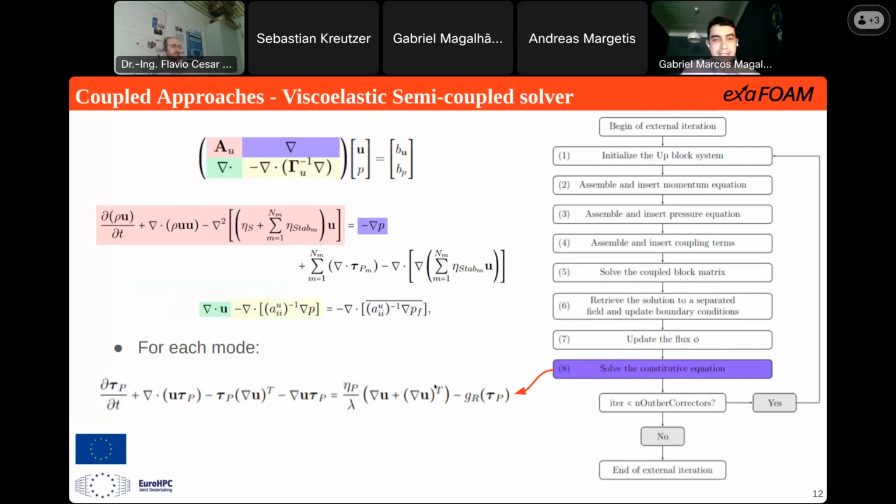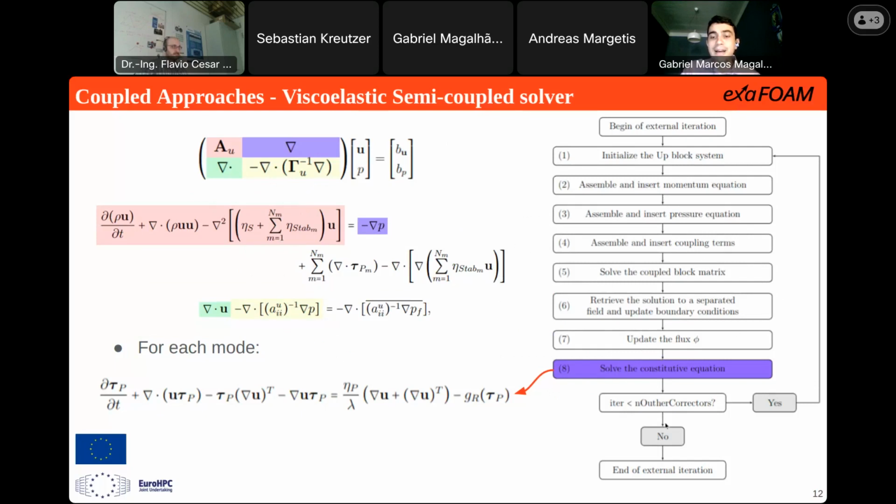To implement the semi-coupled solver, we used this mathematical formulation. And here on the right, it's possible to observe the flow chart for the solver. So basically, we have some modifications in the momentum equation here in the red portion of the equation and in the RHS.